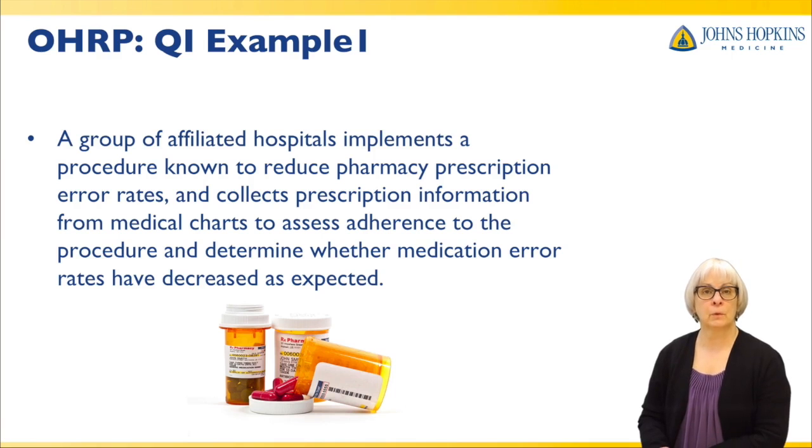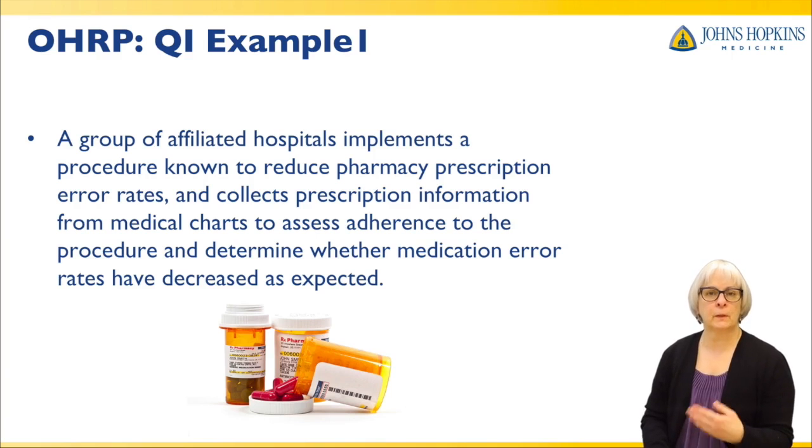So again, they're implementing a procedure that's known to reduce pharmacy prescription error rates. They are collecting data, but the data that they're collecting is determining whether the medication error rates have decreased as expected given their intervention, and also they're looking at adherence to the procedure to make sure that the quality improvement intervention was implemented as expected.